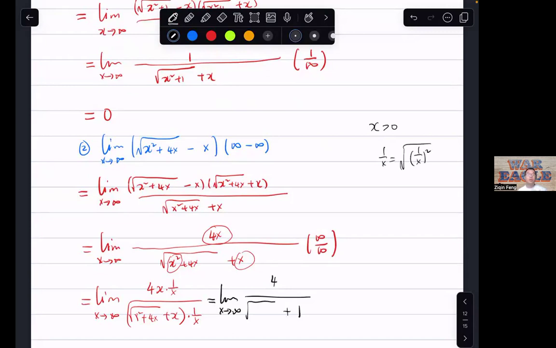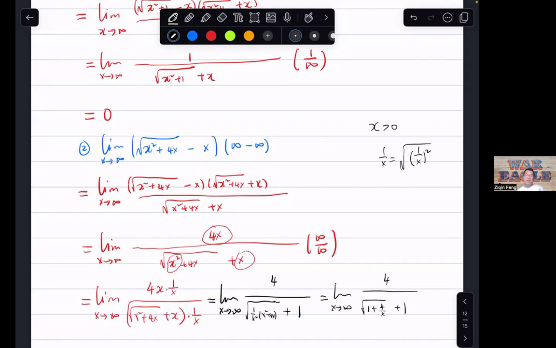That's how we put something into a square root. So you get 1 over x squared times x squared plus 4x, and so this is, as x goes to infinity, 4 over square root of 1 plus 4 over x, plus 1.